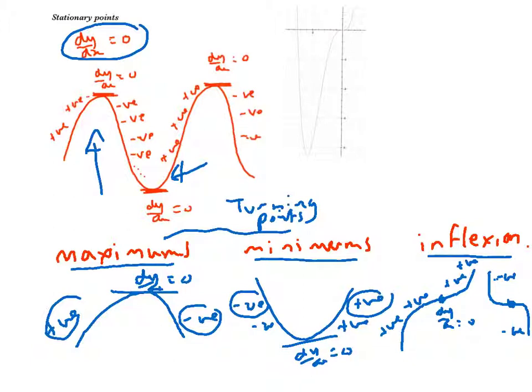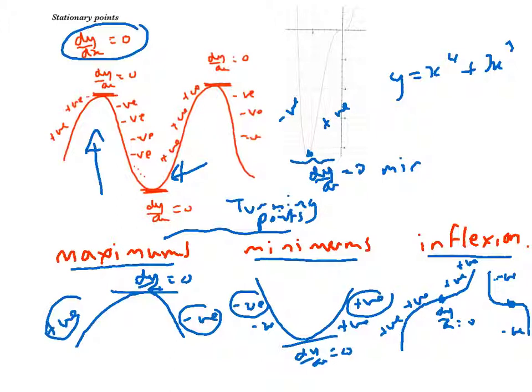Now if I'm looking at this graph up here, which I've indicated, which is the graph of y equals x to the power of 4 plus 3x cubed, we can see that here we have a minimum because the gradient is going negative to positive and the stationary point is there. So this must be a min.